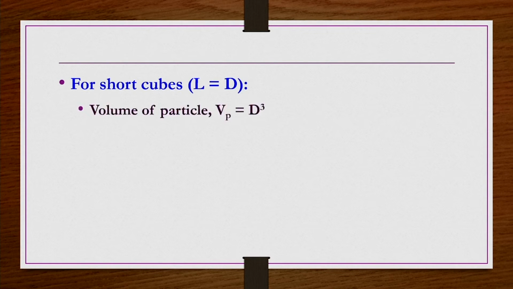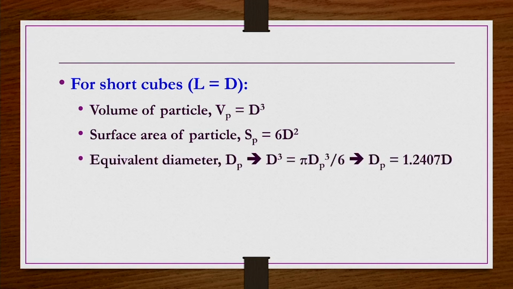Then the volume of the cube is d cube, and the surface area of the cube is 6 d square, because there are 6 faces, each face having d square area. So, 6 d square is the surface area of the particle, and for the nominal diameter, d cube should be equated to pi dp cube by 6. So, from here you get dp equal to 1.2407 d. This is again the reason, as we mentioned in one of the previous slides.